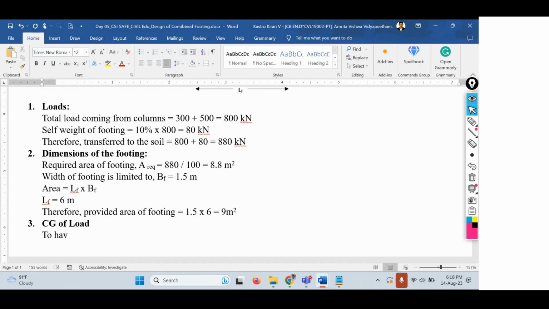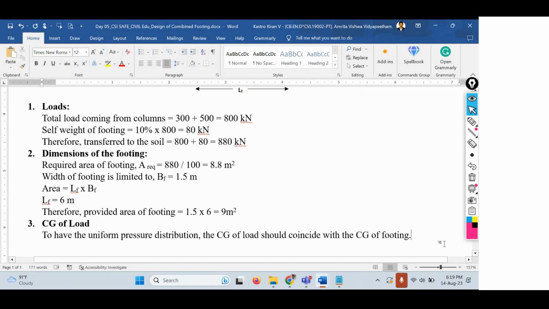Suppose in order to have the uniform pressure distribution, the CG of load, that is center of gravity of load, should coincide with the center of gravity of footing. Why should it coincide?